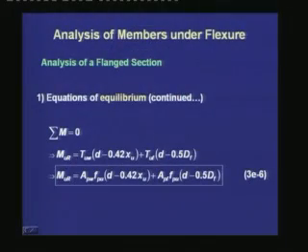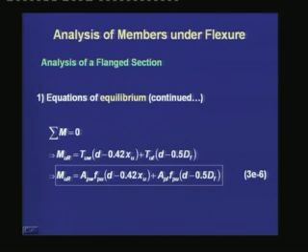The first component is equal to TUW times D minus 0.42 XU. D minus 0.42 XU represents the lever arm of the first couple, and the second part of the moment is given as TUF times the lever arm of the second couple, which is D minus 0.5 DF.